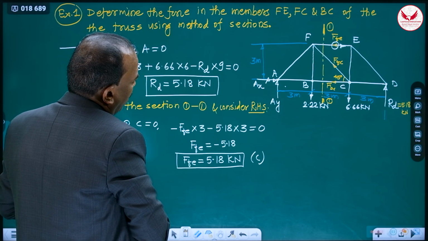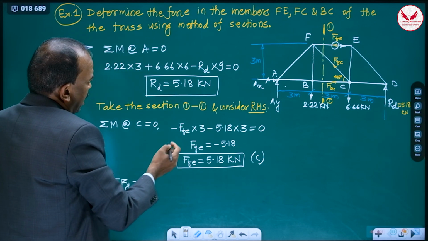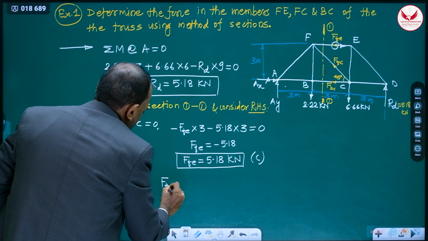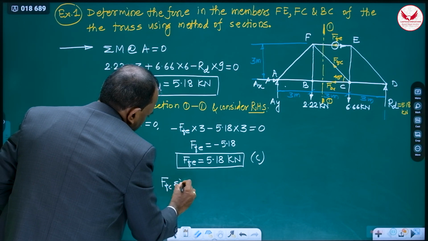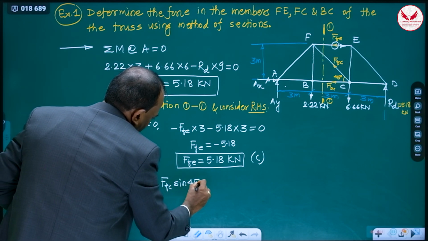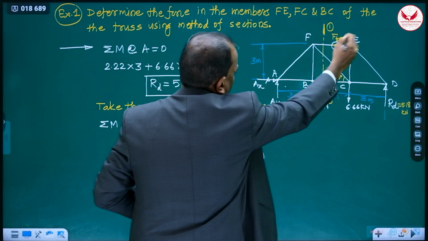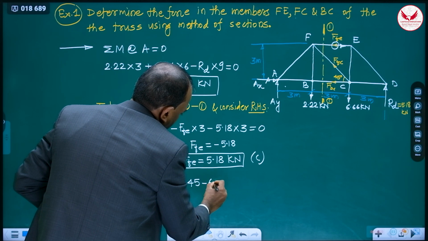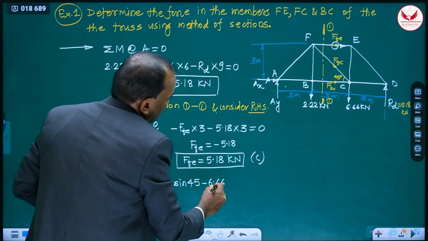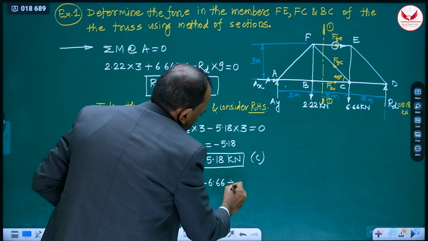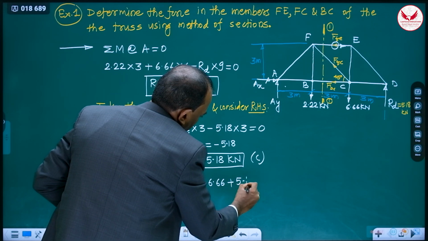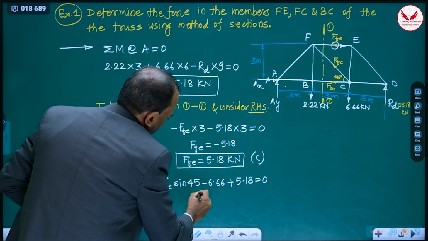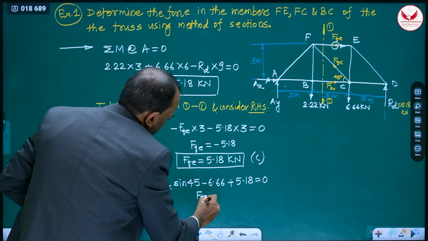And then what will be there? FFC sin 45. It is upward, plus its vertical component, minus 6.66 and again plus 5.18. It is equal to 0. And from this, we'll get FFC.